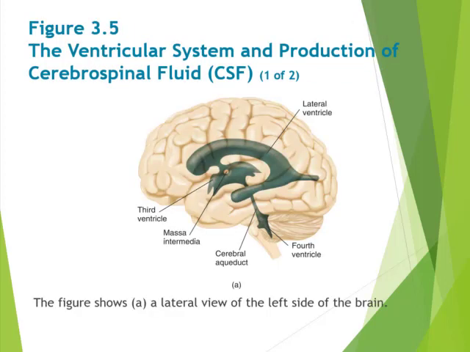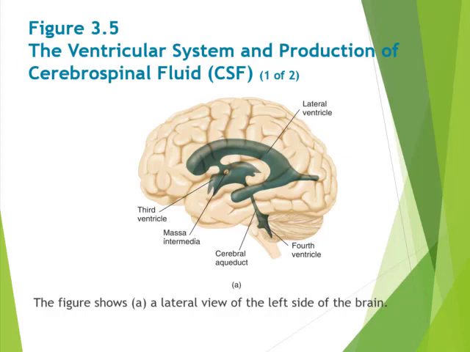So this next illustration shows you the ventricular system from the lateral or side perspective. And you can see that the lateral ventricle is a big chamber in the center that's connected to the third ventricle in the middle of the brain.